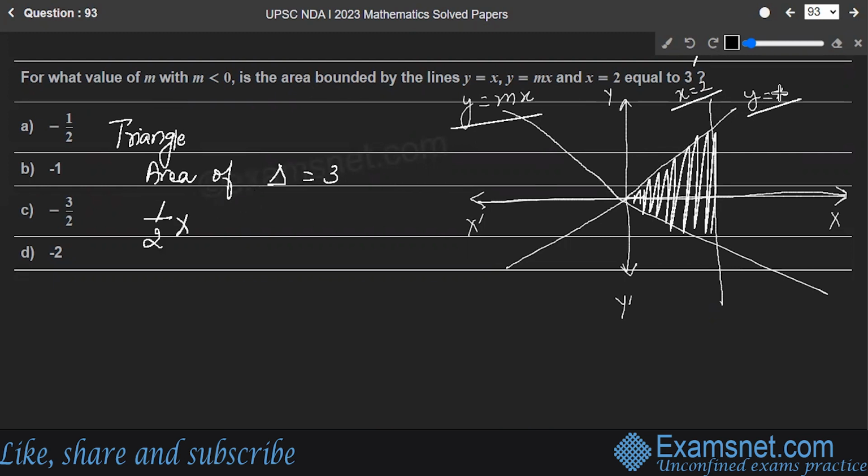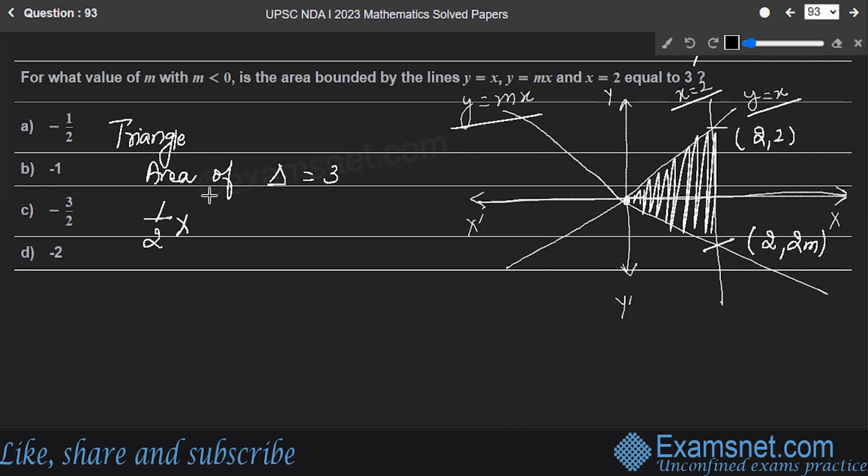First of all, let's understand the points of intersection. This is the line y is equal to x, and this is x is equal to 2. So that means this point is (2, 2). And of course, this is the origin. And this point is (2, 2m), because when I put x is equal to 2, y is equal to 2m. So these are the points.